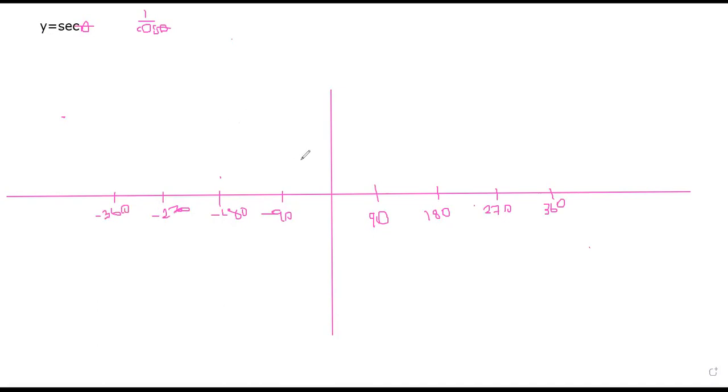This is 1, this is minus 1. I told you how to draw a cos graph: from here to here like that, and draw like this, and take like that, and draw like this. This is how you draw a cos graph.